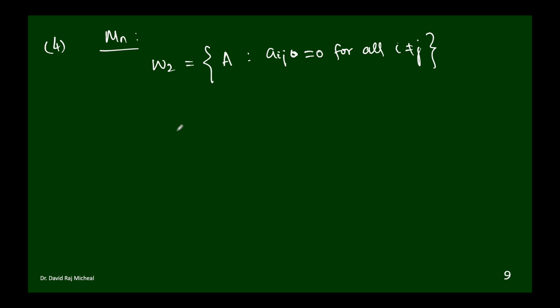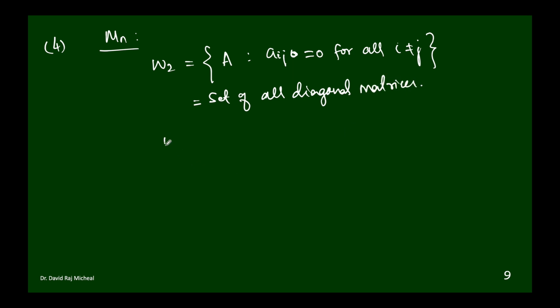Because we just have to verify whether the sum of two matrices is diagonal or not, and whether αA + B is a diagonal matrix or not, and whether I have the zero matrix inside W2 or not. Clearly everything is true. Therefore W2, the set of all diagonal matrices, is a subspace of Mn.